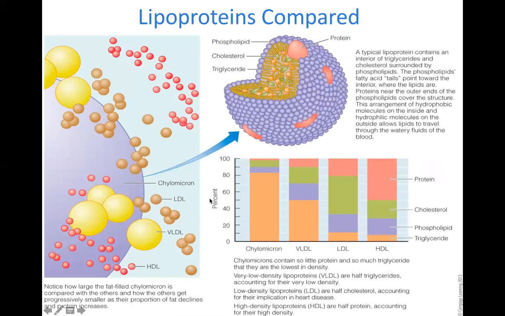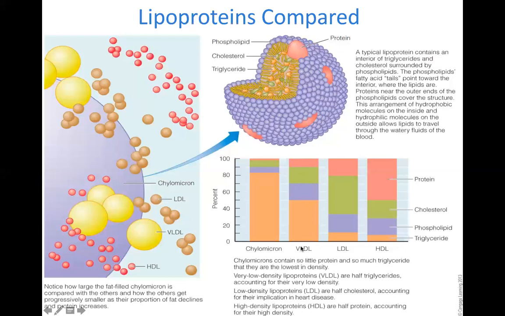After a chylomicron, the next type of lipoprotein is a VLDL, which is represented in yellow, the second column on the right. VLDL stands for very low density lipoprotein, and it also contains primarily triglyceride, but has a higher percentage of phospholipid, cholesterol, and protein.